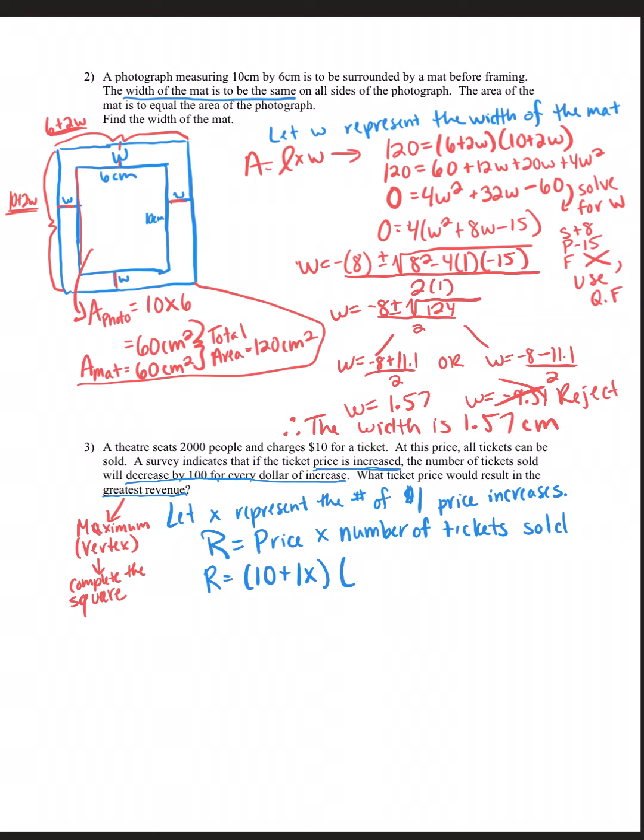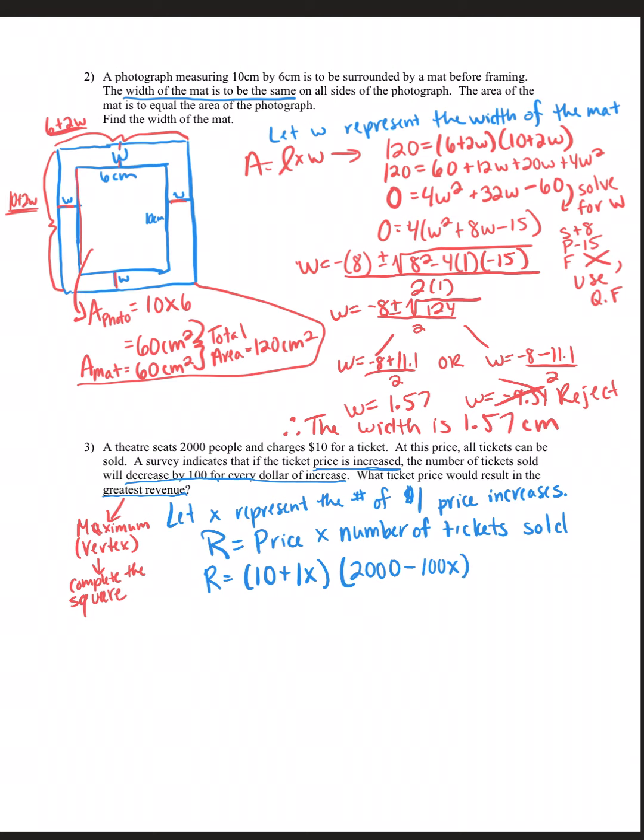And our number of tickets sold, we know for sure they're going to sell 2,000 tickets at least. But from that, they have to decrease 100 for every $1 increase. So they're going to subtract from that 100 times however many price increases they're going to have. So minus 100x.